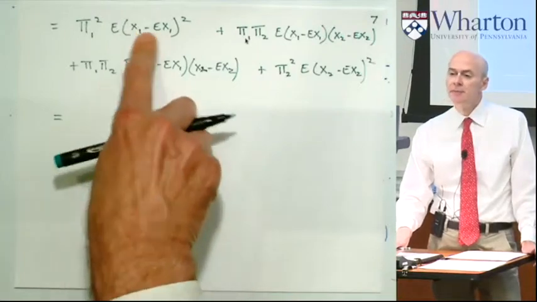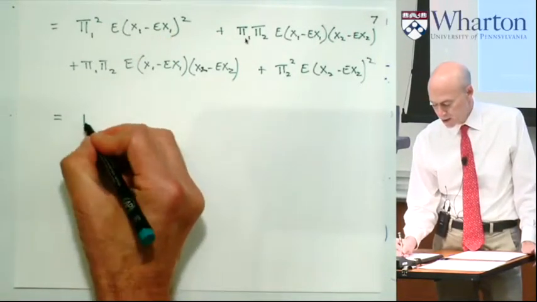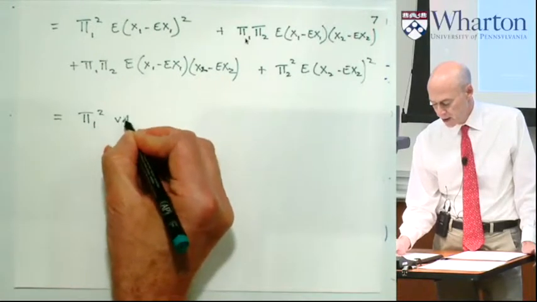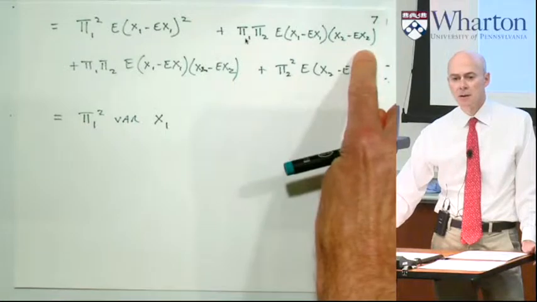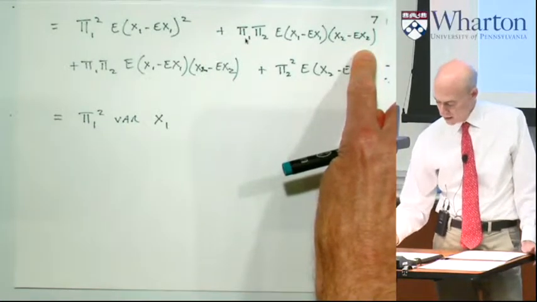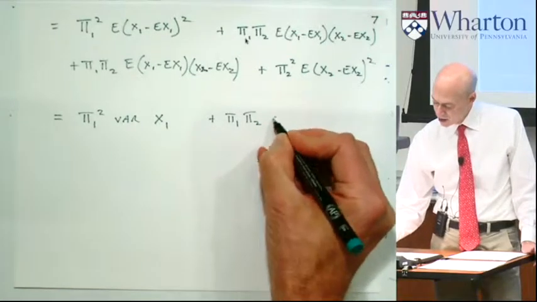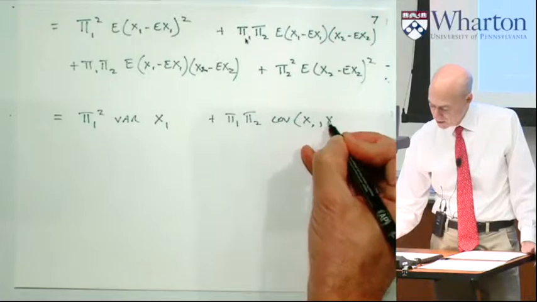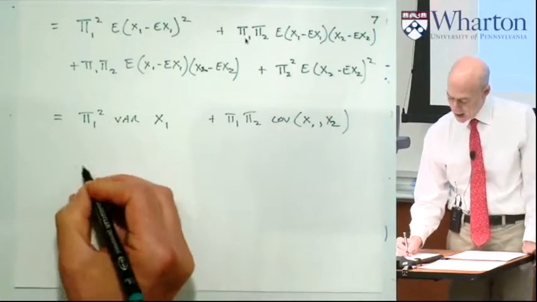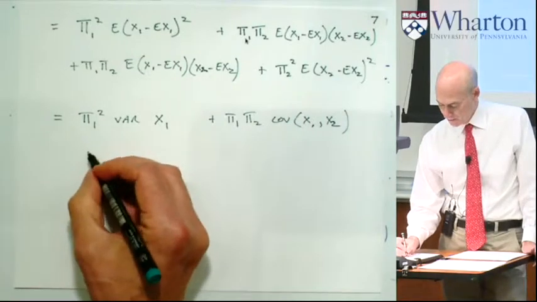What's this term? That's a variance. So we've got pi 1 squared times the variance of x1. What's this term? It's a covariance. So we've got pi 1 pi 2 times the covariance of x1 and x2. And then this is again a covariance.